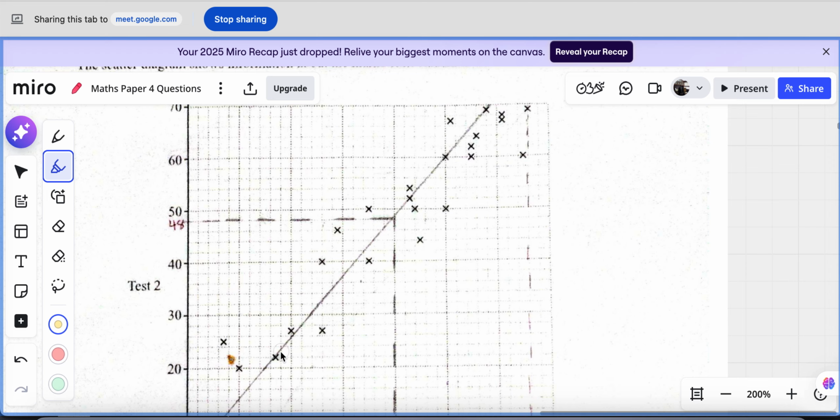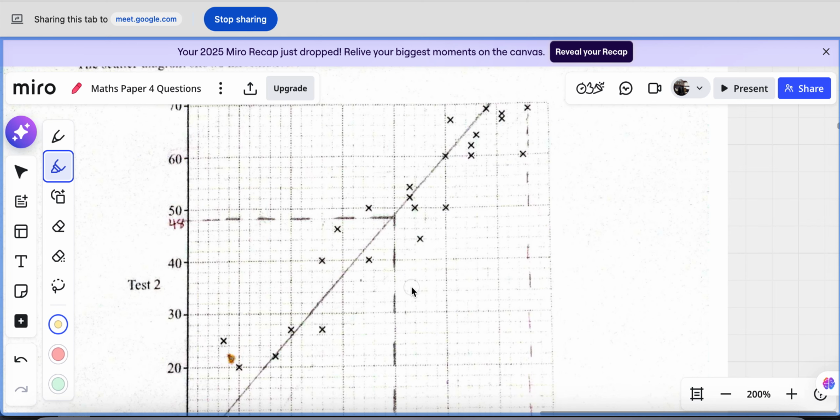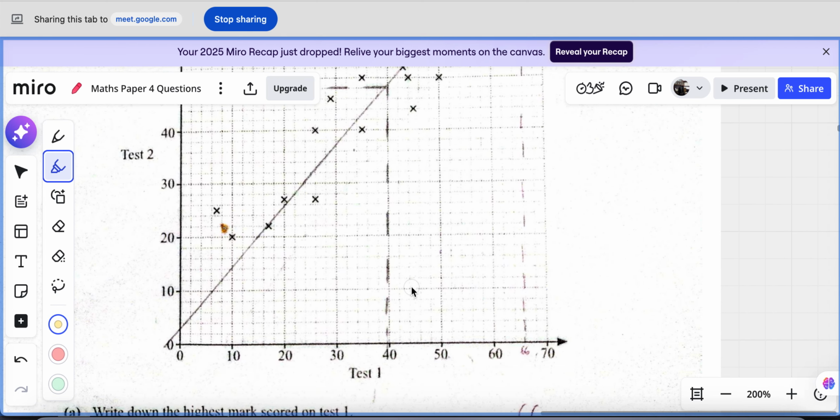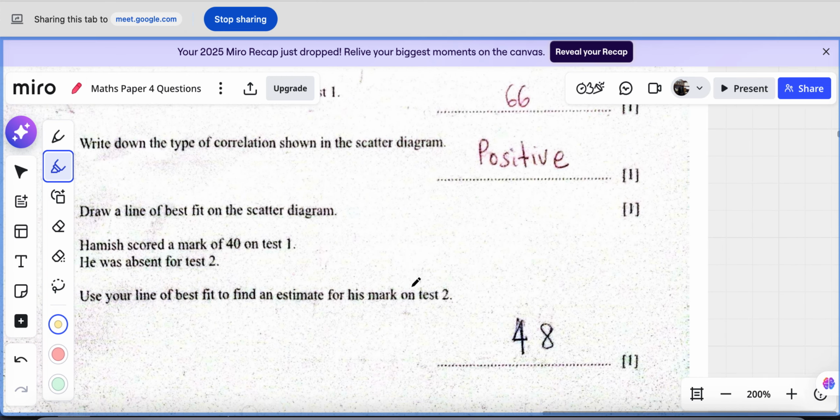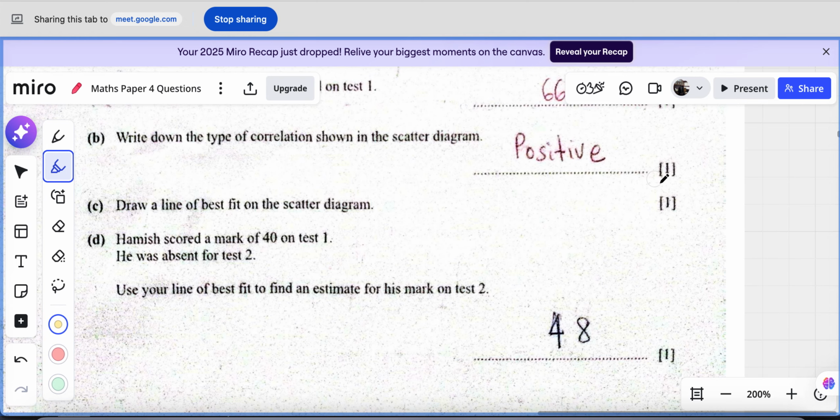We got about 4 of them on our line. You can draw your line any way you want, but you must get a minimum of 3 points to form your line of best fit. When you draw the line of best fit, you get the mark for drawing that.